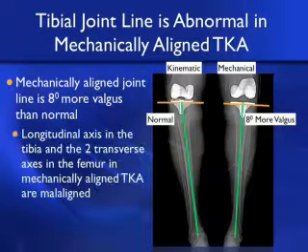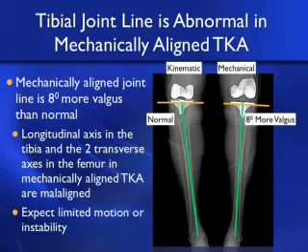This means that the longitudinal axis in the mechanically aligned limb is not perpendicular to the two transverse axes in the femur, and this leads to kinematic malalignment. And again, you're going to have abnormal IR-ER, flexion-extension of the patella and tibia, and expect either a loss of motion or the liners put in a little small so that you can get your motion back, but then you end up with instability.